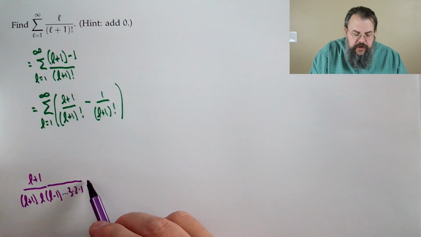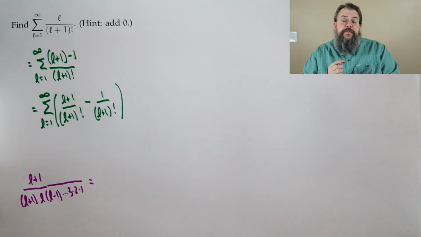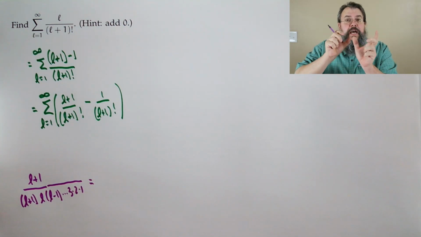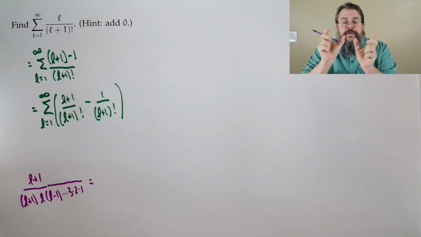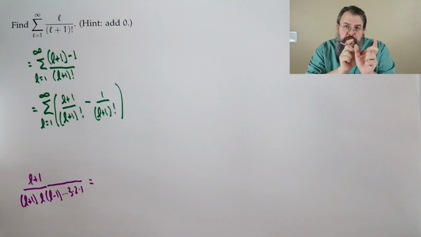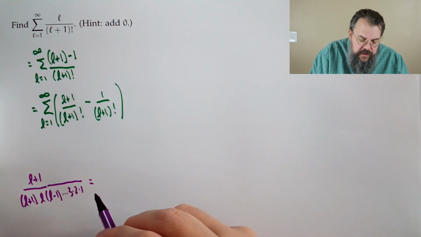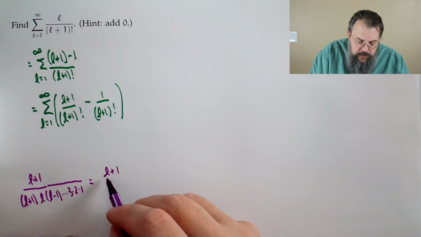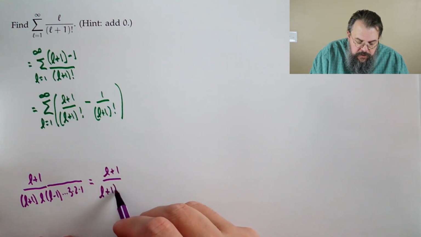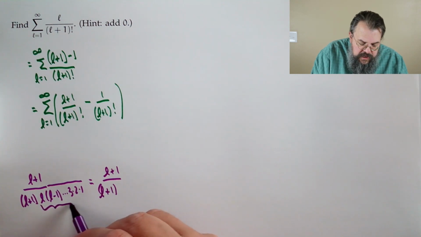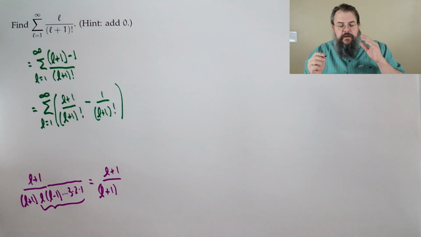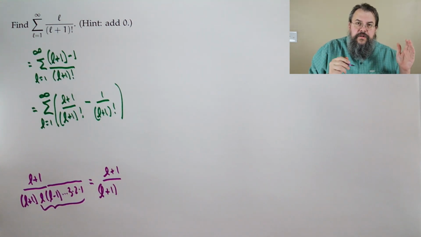But really what you can think of, if I have an L plus 1 factorial, I can say I'm going to pull off the first term. So I'm going to pull off 1 L plus 1, and I say, all right, what's left? Well, what's left is everything else, which is L, L minus 1, 3, 2, 1.